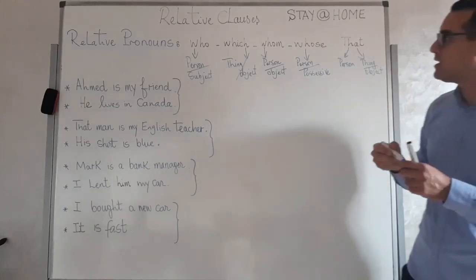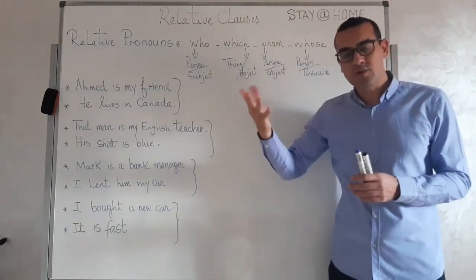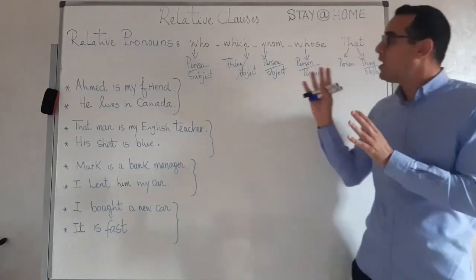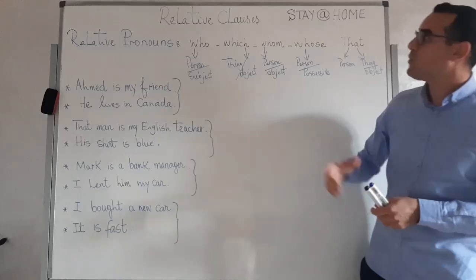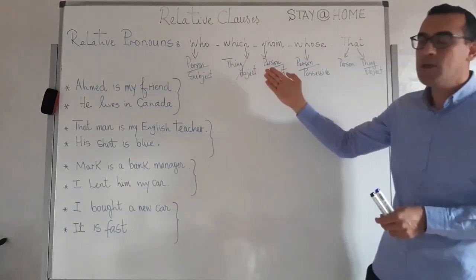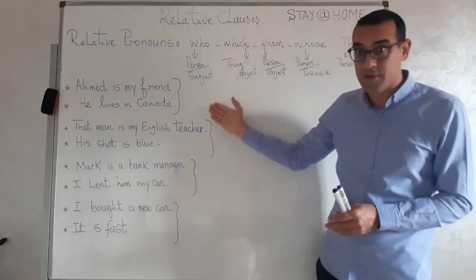Each pronoun here is used to substitute, refer to, or replace a noun that we have already talked about. That's why we call them relative pronouns, because they relate a clause to another.